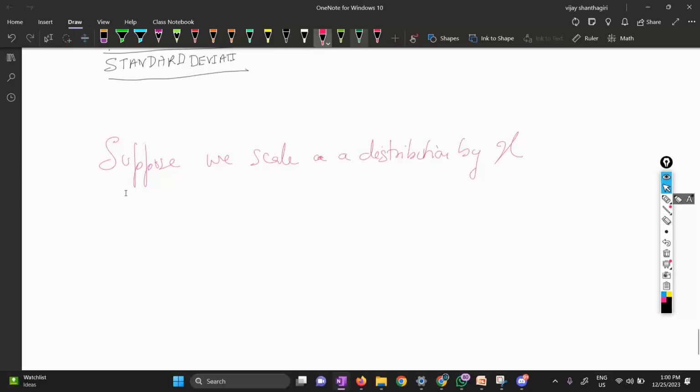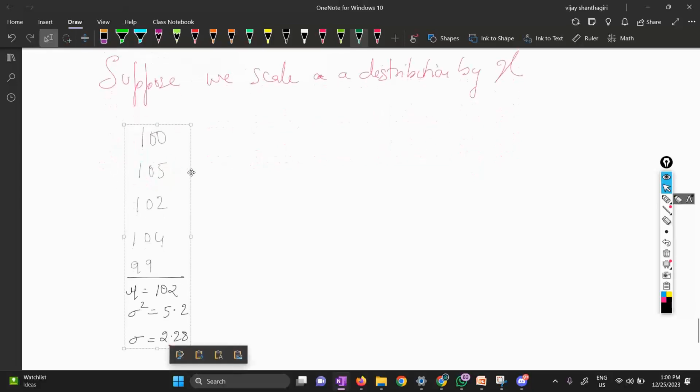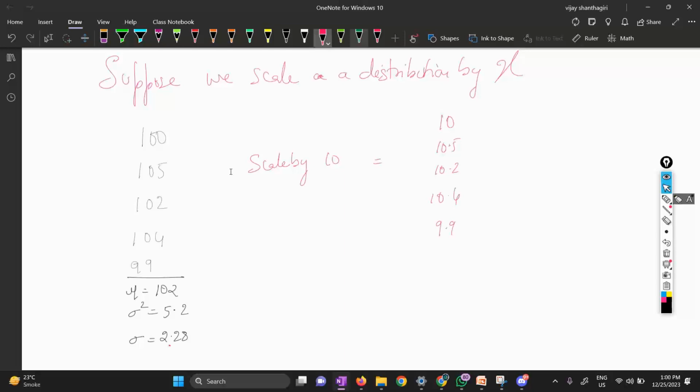For example, here, scale by 10. So what is the new number now? 100 by 10 is 10. 105 by 10 is 10.5, 10.2, 10.4, 10.4, 9.9. Now I want you to calculate this, fill this up.